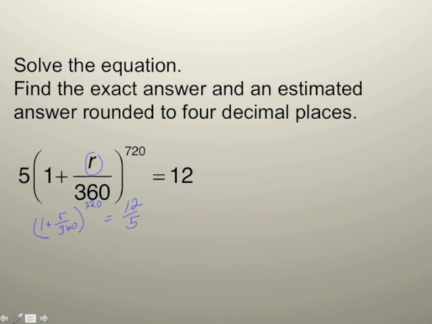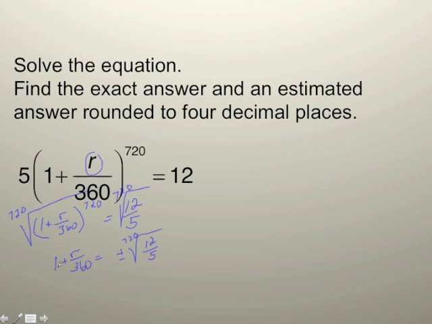Now I'm going to take the 720th root of both sides. I know that seems a little strange. Now, because this is an even root, it becomes 1 plus r over 360 equals plus or minus the 720th root of 12/5.